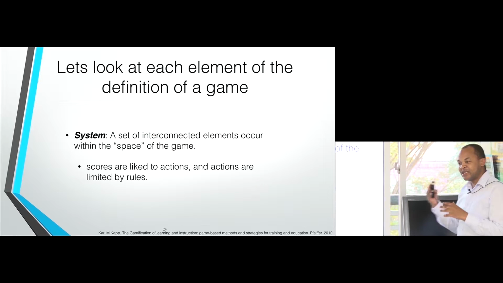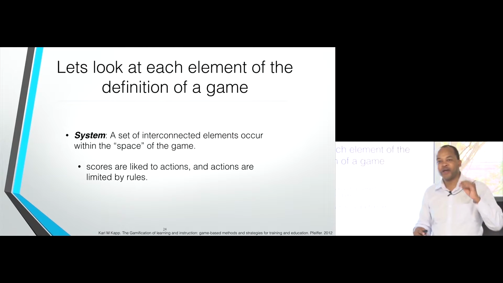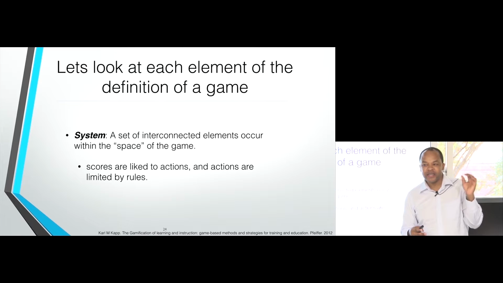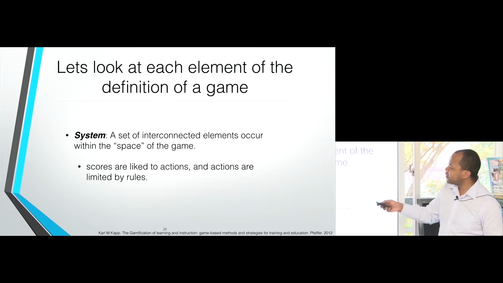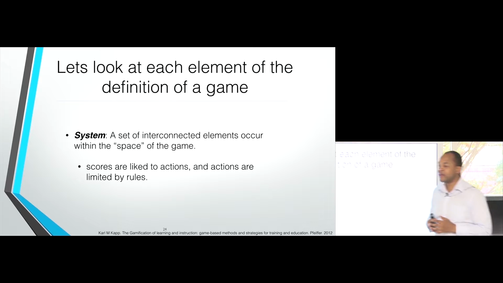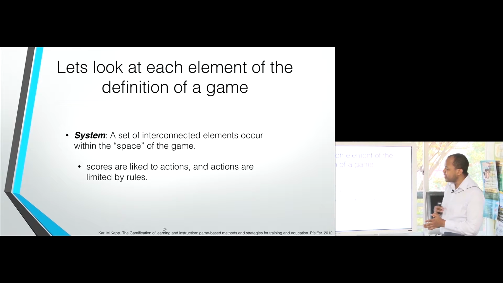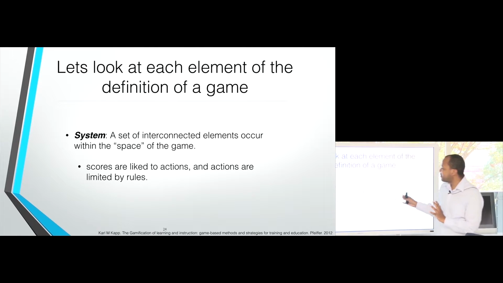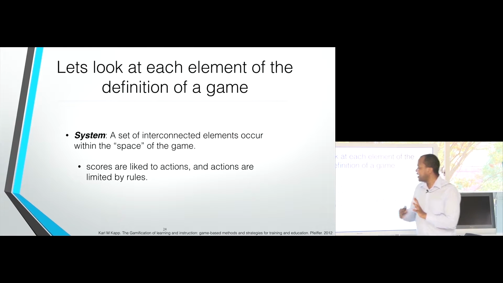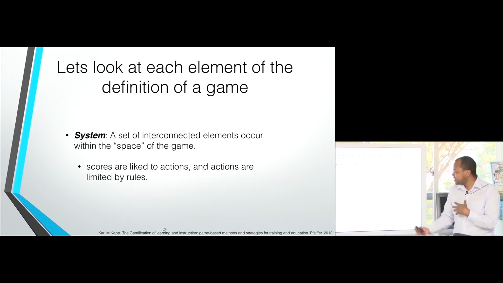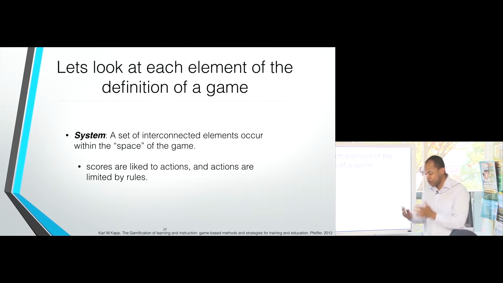Let's get into details about this definition. We look at each of these words in a little bit more detail. So first, let's look at the system. It is a set of interconnected elements that occur in a space inside the game. Scores are linked to actions, and actions are limited by rules.